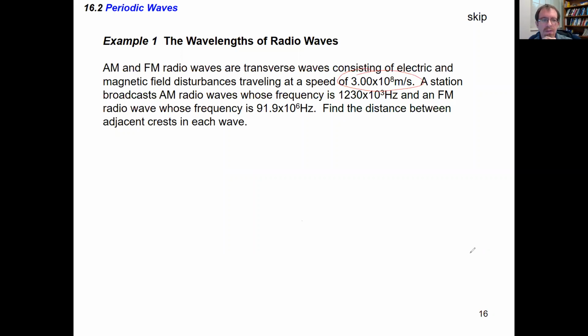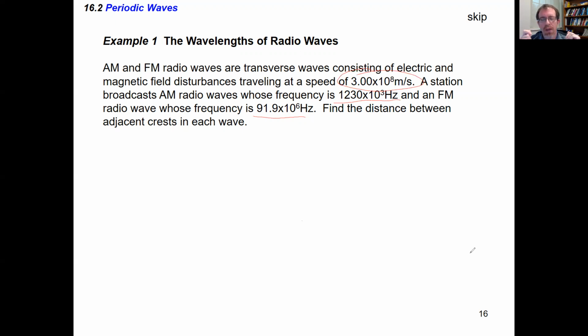It says that the AM radio wave has a frequency of 1,230 times 10 to the 3rd hertz. The FM wave that we're going to analyze has a frequency of 91.9 times 10 to the 6th hertz. A little bit of an aside here: when you tune your car radio on the AM band to 1230 AM, you're actually tuning to the frequency of a carrier wave.